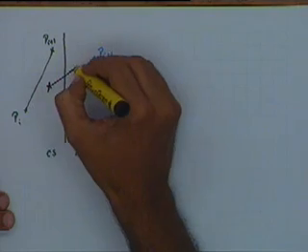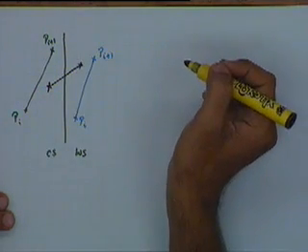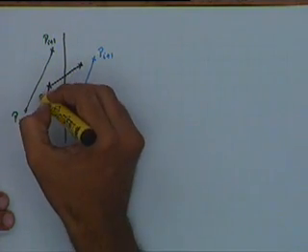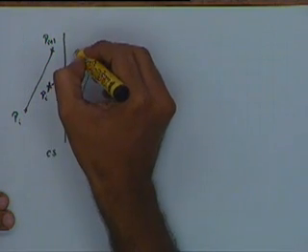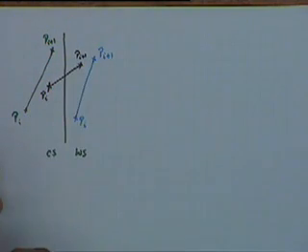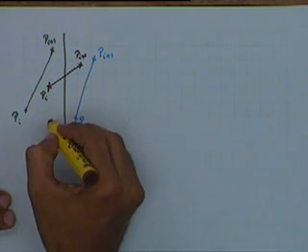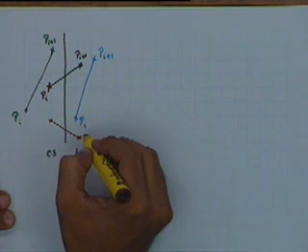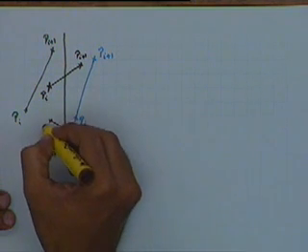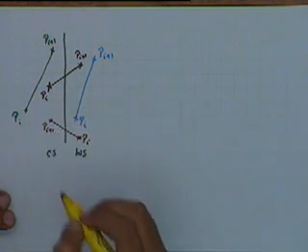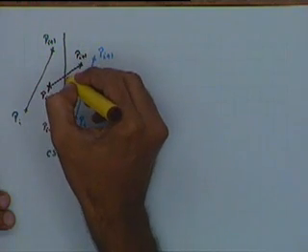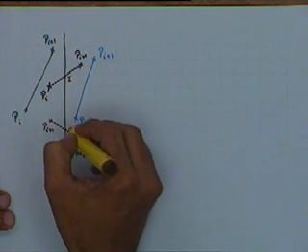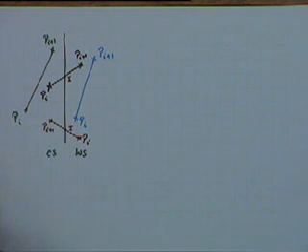The third case is a case like this, and the fourth case is a case like this. In both the cases, this is the intersection point and this is the intersection point.